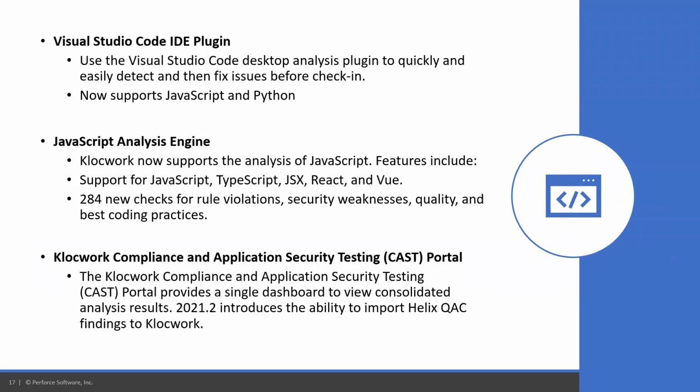Visual Studio Code IDE plugin is available with Klocwork now. That's one. So the way our Visual Studio plugin works, the same way our Visual Studio Code plugin also works, and it can analyze Python and JavaScript as well. Okay. And we have 284 new unique checkers to detect all possible vulnerabilities in JavaScript code, which supports JavaScript, TypeScript, JSX, React.js, as well as CSS source code.